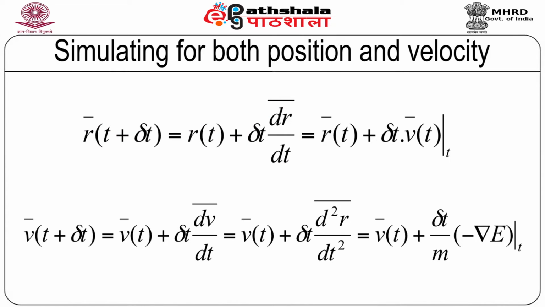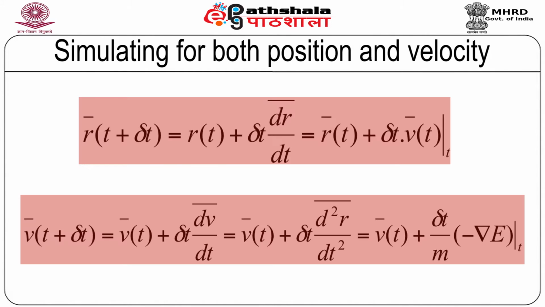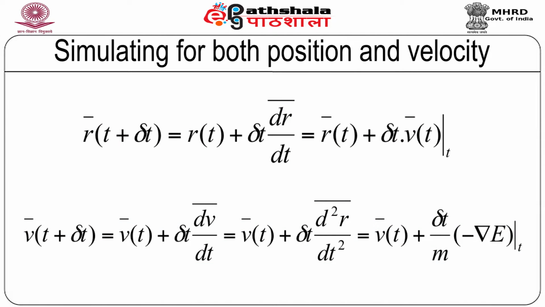And similarly, we can simulate v(t plus delta t) equal to v(t) plus delta t times dv/dt. dv/dt is actually the acceleration, and the acceleration can be obtained as the energy gradient by m. So we can calculate this part also, and we can calculate that part also. So we can run these two simulations simultaneously, but with an error.